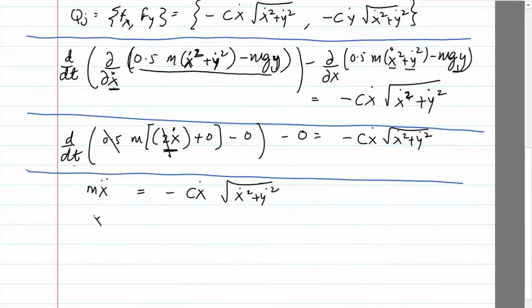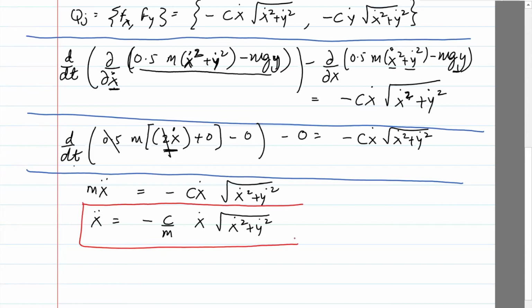So my equation is ẍ equals minus c divided by m, ẋ times √(ẋ² + ẏ²). If you recognize this equation, if you actually put c equals 0, which means there's no drag force, you end up getting ẍ, or the acceleration in the x direction, is 0, which is what you would expect when the projectile has no drag.